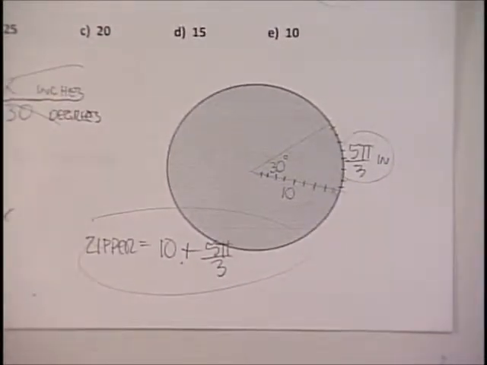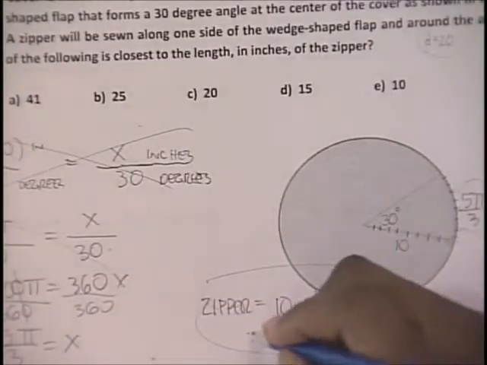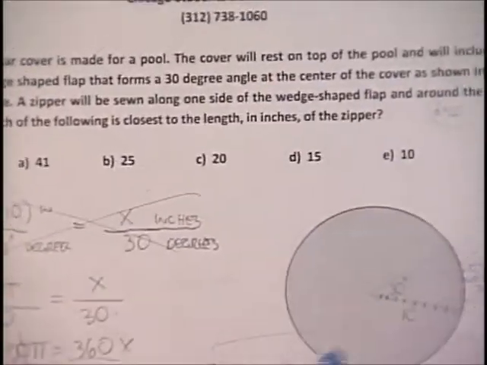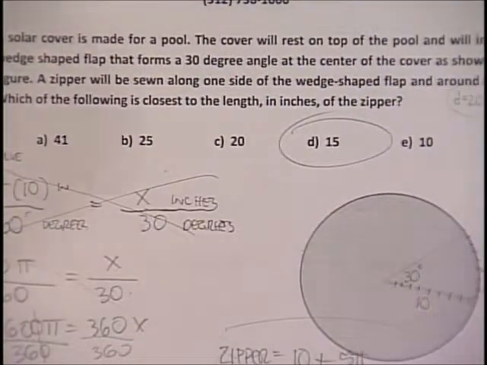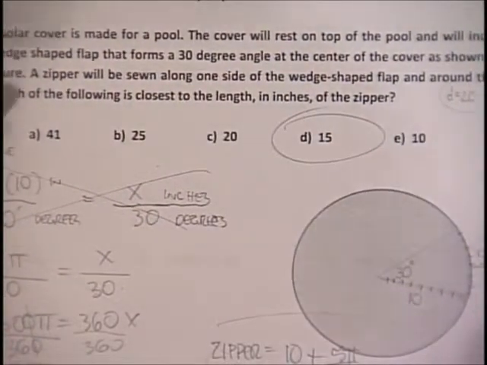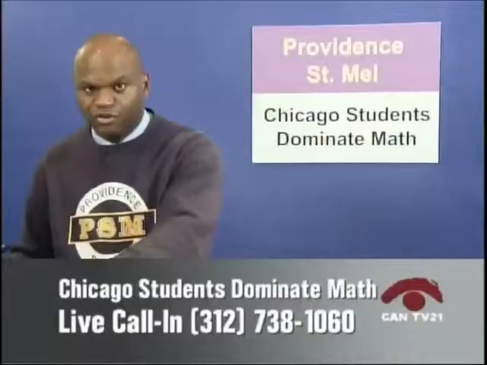So let's use 10 plus 5 times pi divided by 3, and you get 15.2, which is very close to D, the final answer. So that's an ACT type problem that we want you to be able to do, but it's rooted in ratios and proportions.